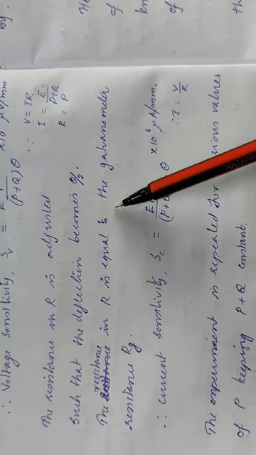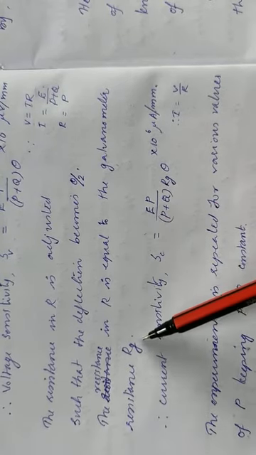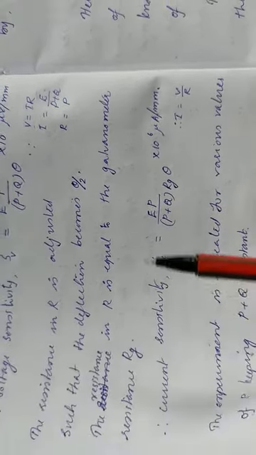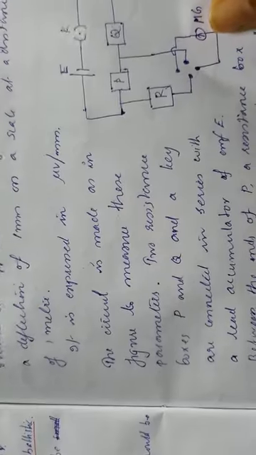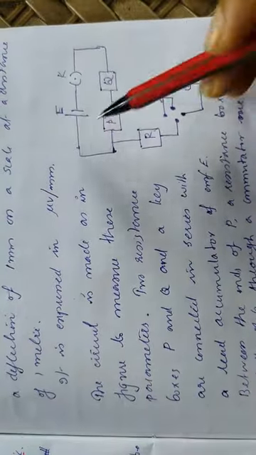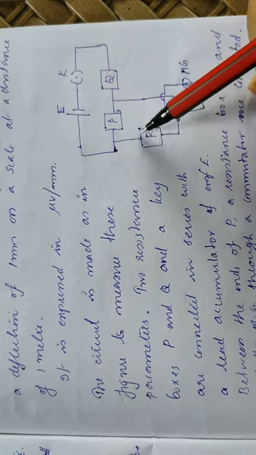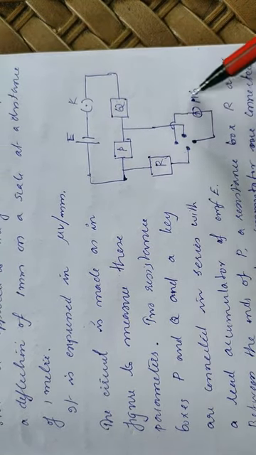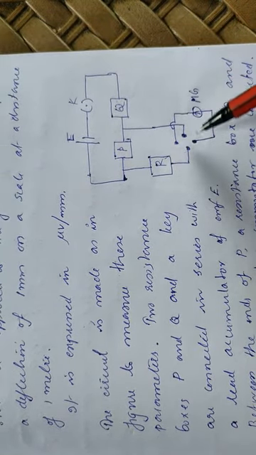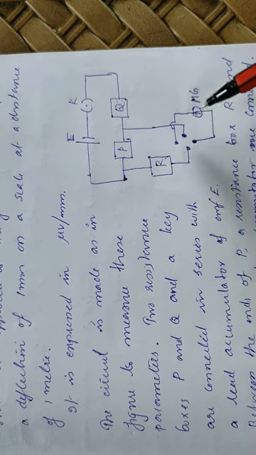The resistance R is equal to the galvanometer resistance Rg, because some voltage will drop across the resistance R and the remaining current flows through the galvanometer, which will produce the deflection theta by 2.